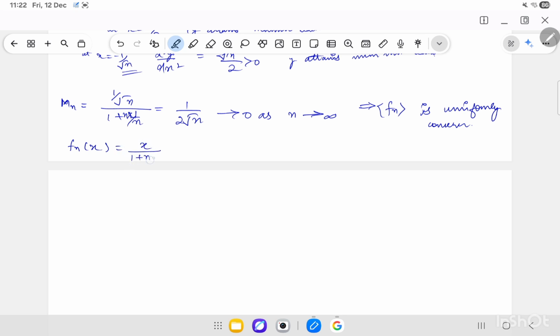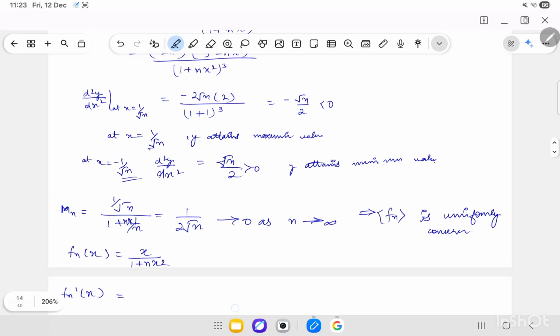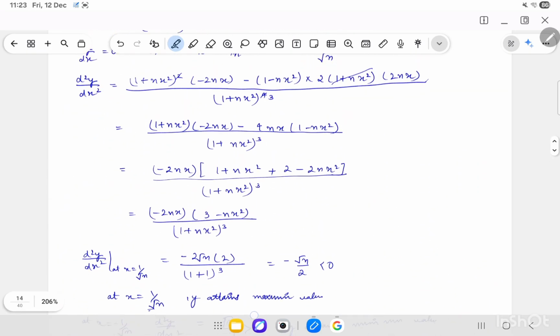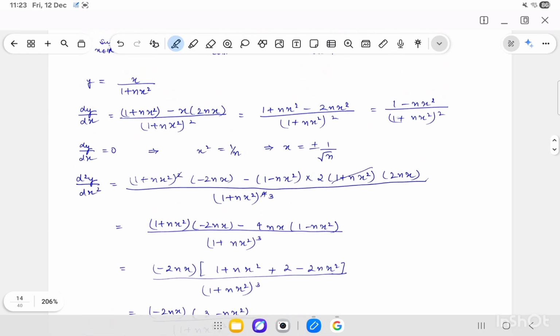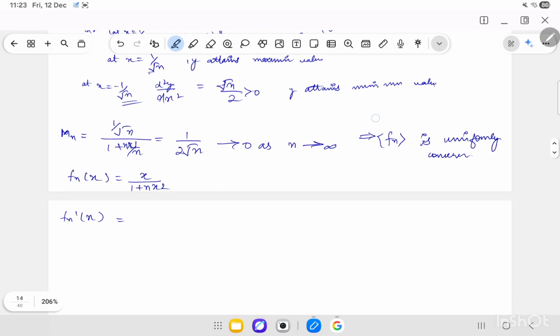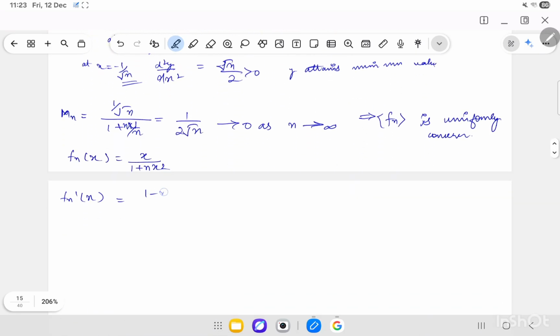Now if I evaluate Fn dash x, we have evaluated it earlier, it will be equal to 1 minus nx square divided by 1 plus nx square whole square.